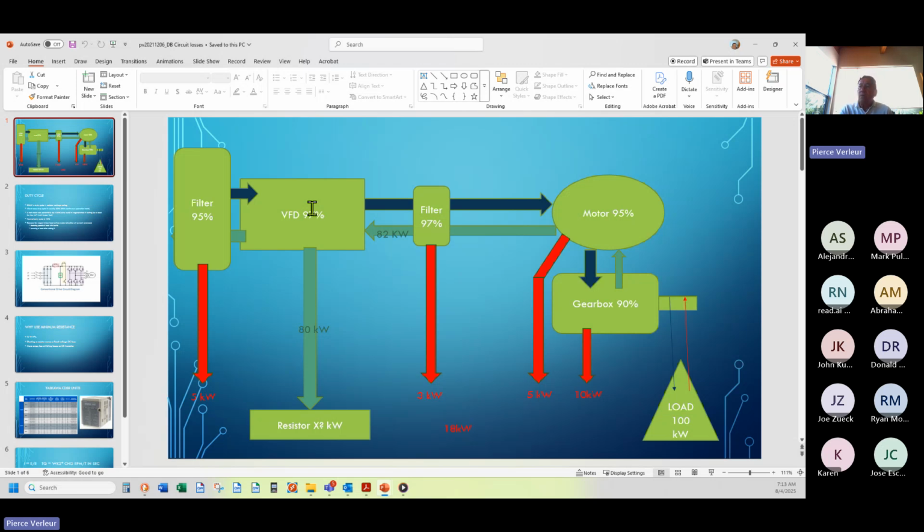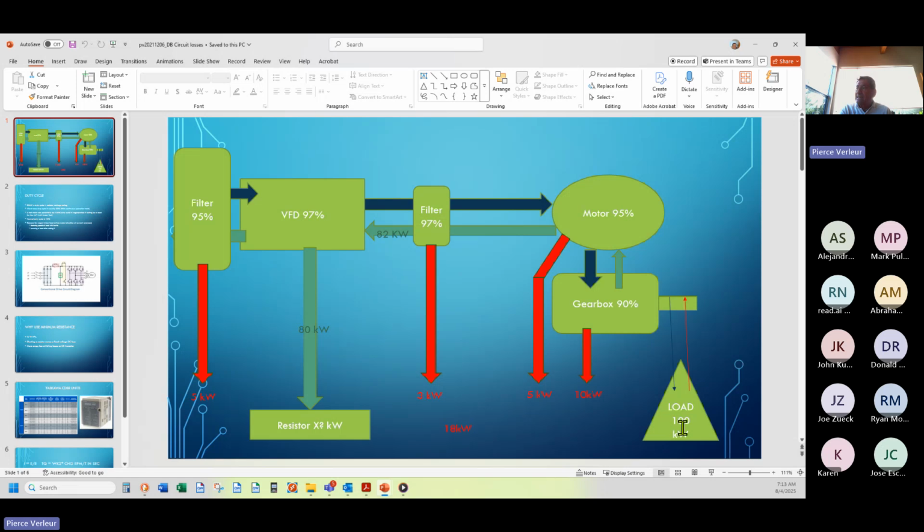It does not allow power to flow back to the line from the VFD. Therefore, this is a wall in this discussion. When this motor becomes an alternator and starts pushing power back to the VFD, we can't go back to the line with it unless we install regenerative equipment.